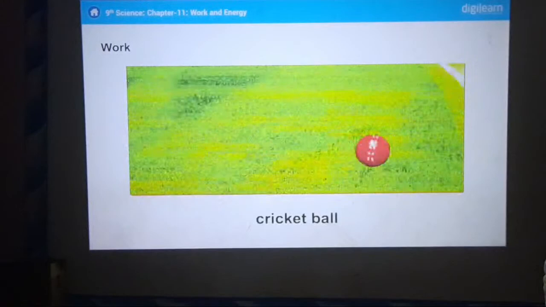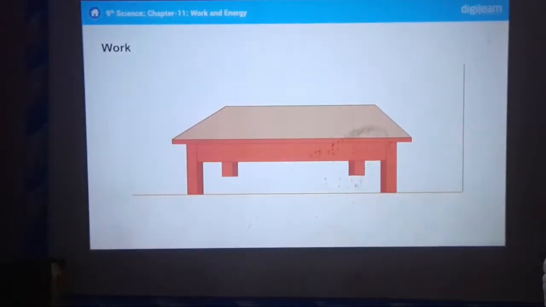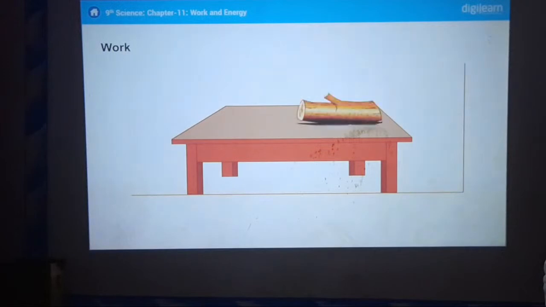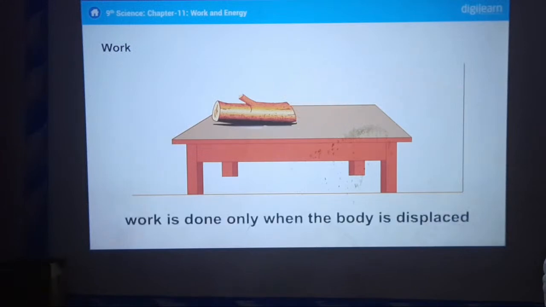Can a cricket ball move towards the boundary without a hit? On doing work on a body, it gains energy. Hence, in the process of doing work, energy is transferred from the external agency to the body on which it exerts force. In physics, work is said to be done only if the body is displaced in the direction of the force.